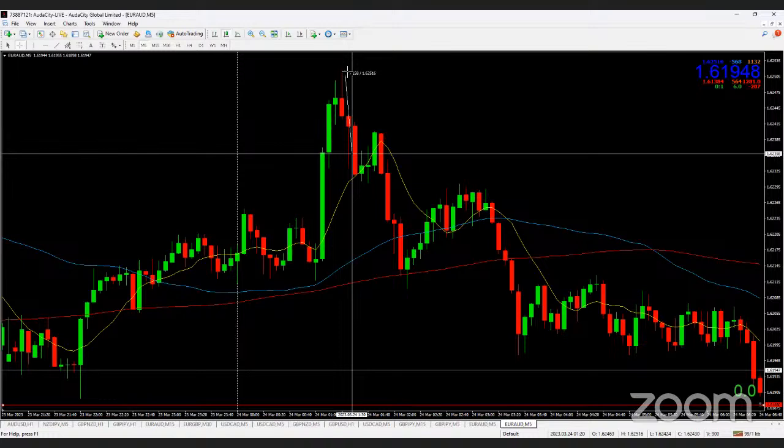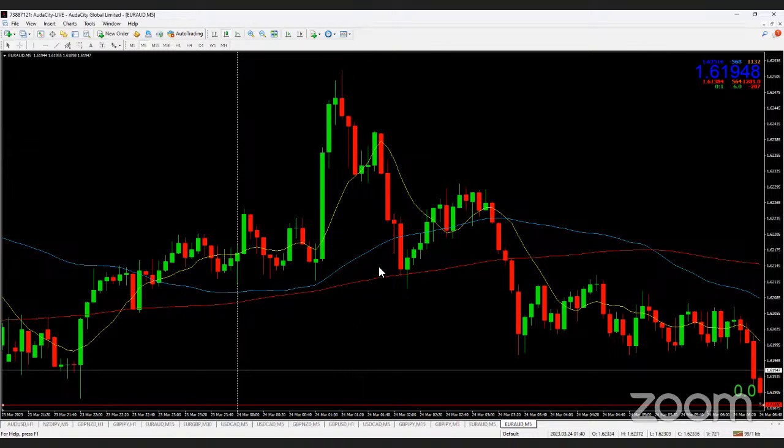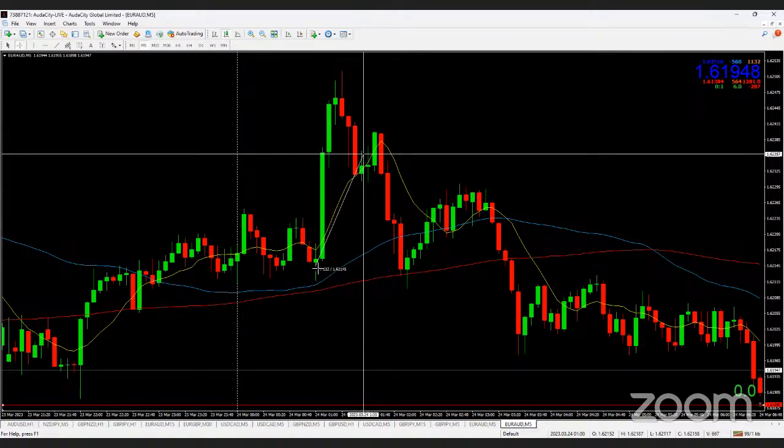So you will not always necessarily get 1-to-1, but most of the time, you will get 1-to-1. From here to here, let's say 22, we didn't quite get 22, but after getting your 10 pips, you've moved your stop loss, you've taken partial profit, and you are okay.